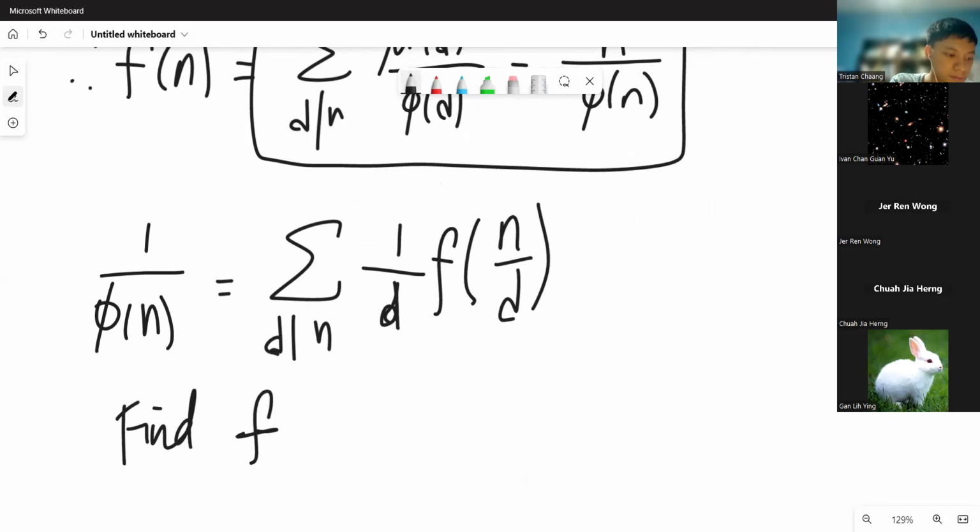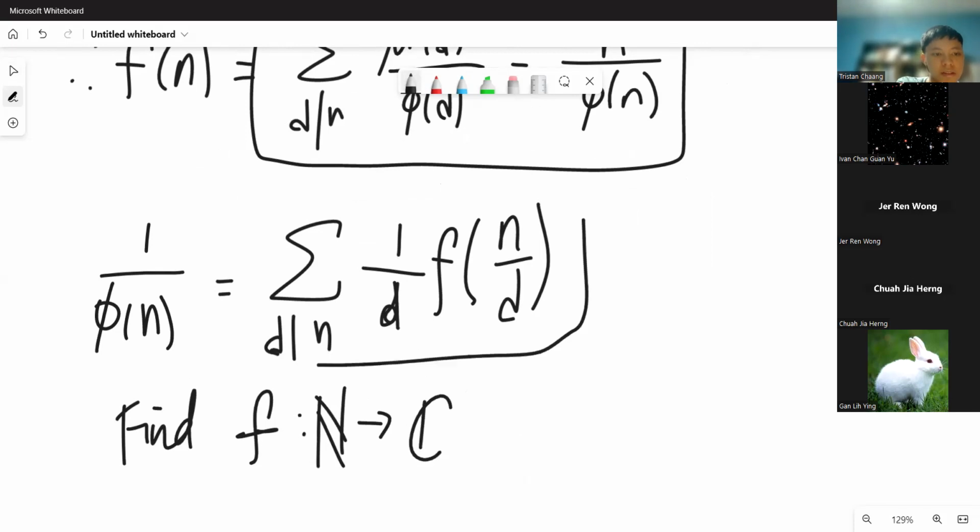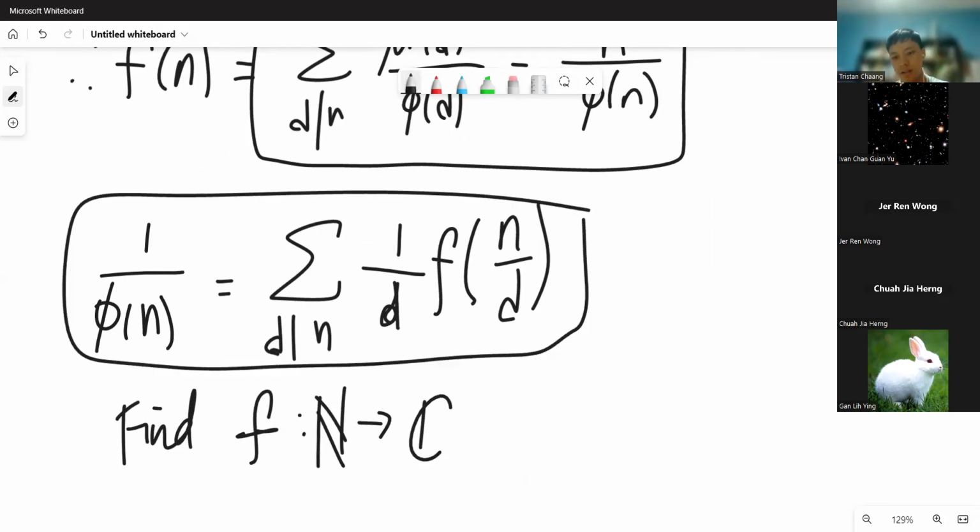Let me see if it's multiplicative or not. So you want this thing. So find f. There's a quick way, there's a long way. The quick way is using convolution, but the long way you just do it by bashing.